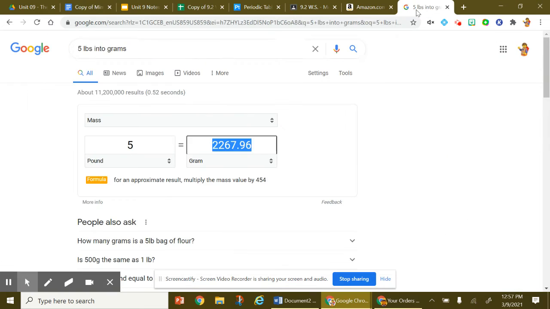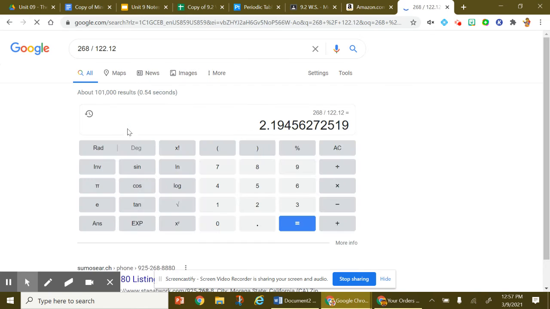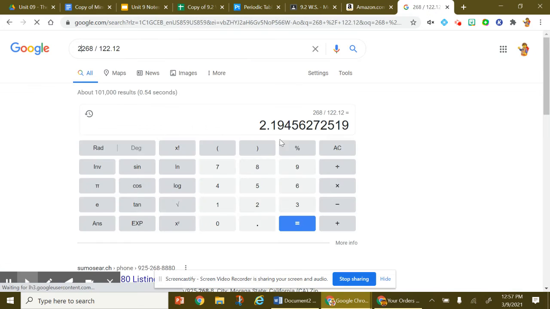Once again, I like typing this down because I can just paste it into Google. I've got to delete these units here. I think it was 2,268. Let me double check. Always double check yourself. Yeah, 2,268. Okay, divided by that, what do we get?